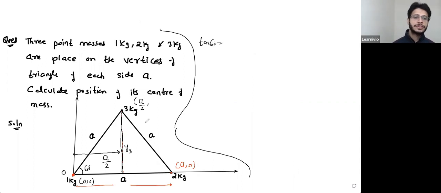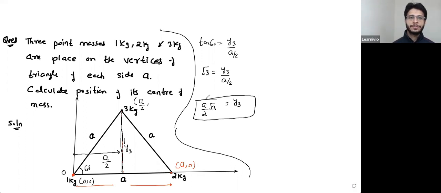Tan 60 is perpendicular upon base, so it will be y3 divided by the base, which is a by 2. Tan 60 is root 3. So root 3 is y3 by a by 2, and you can write y3 as a by 2 root 3. Clear? So this is your y coordinate, a by 2 root 3.